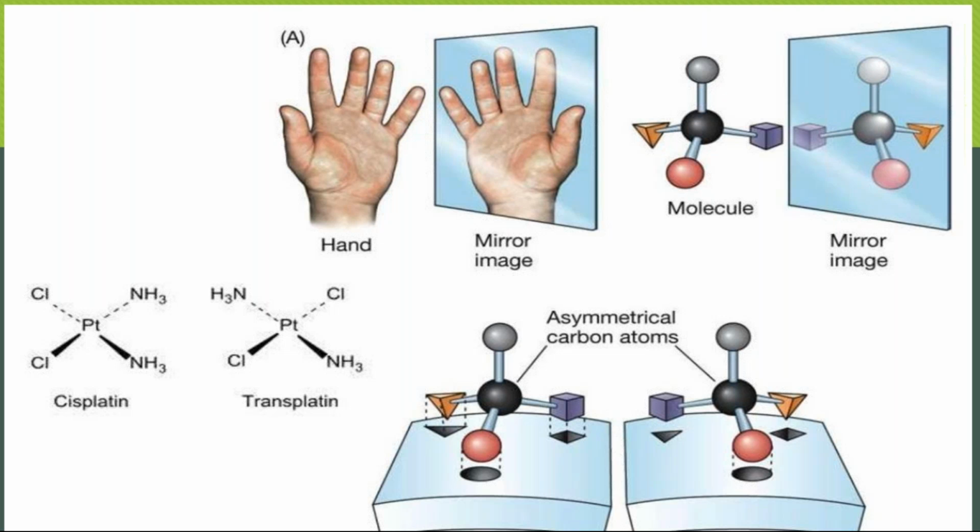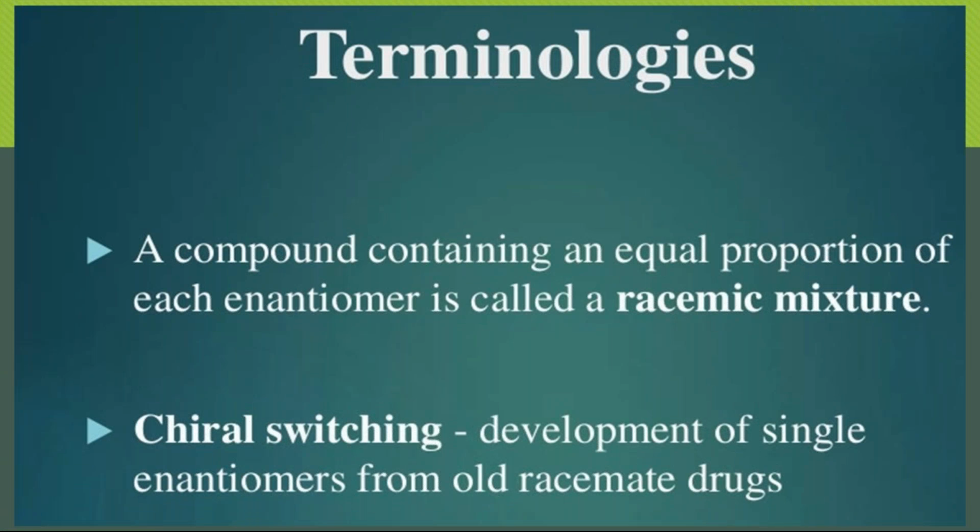So if you see molecules in the mirror, that is the mirror image. Asymmetrical carbon atoms will have mirror images. The example we have taken here is cisplatin and transplatin. A compound containing an equal proportion of each enantiomer is called a racemic mixture.